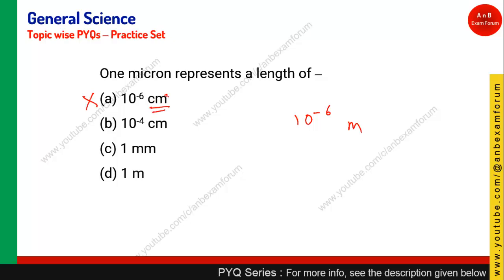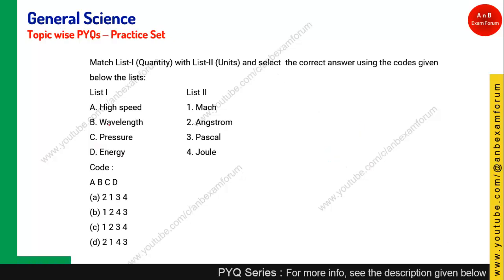Okay, it is basically 10 power minus 6 meter. So let's convert into centimeters. So 10 power minus 4 centimeter. Okay, so option B is the right answer. So 1 micron represents the length of 10 power minus 4 centimeter. Let's see the next question.